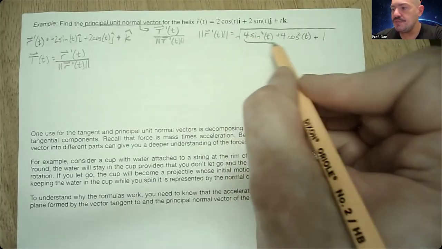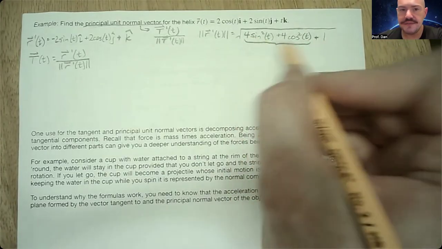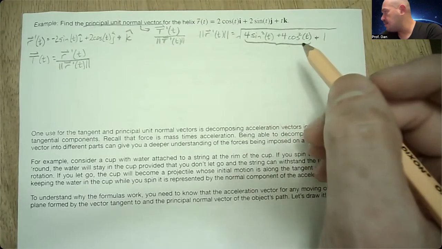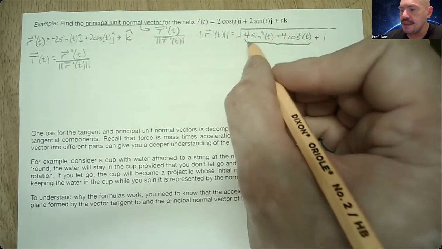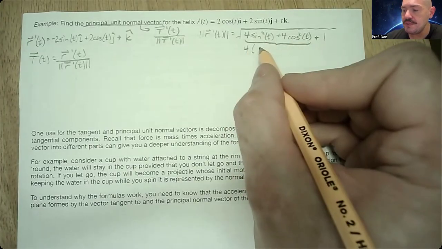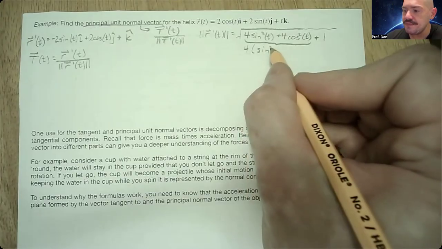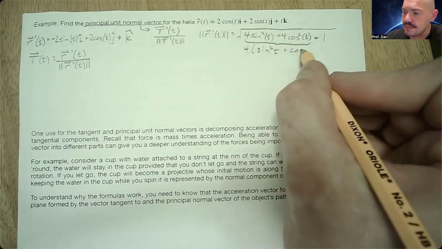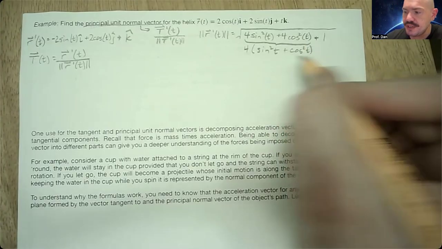So one thing we should recognize is that these first two terms almost look like that trig identity that has come up a couple of times. If I were to just factor a 4 out from those first two terms only, this is what we would get.